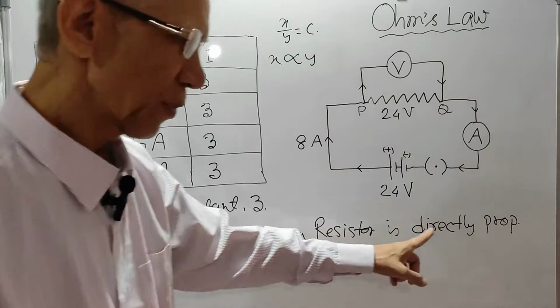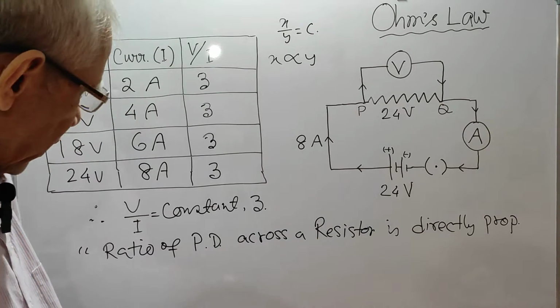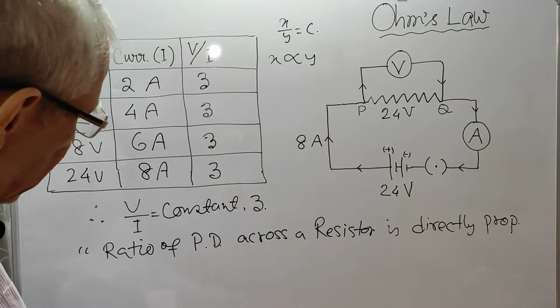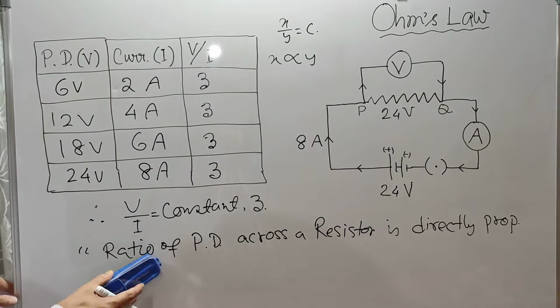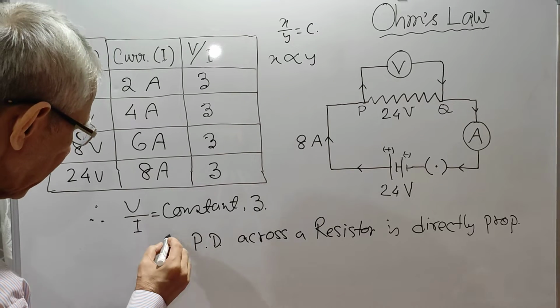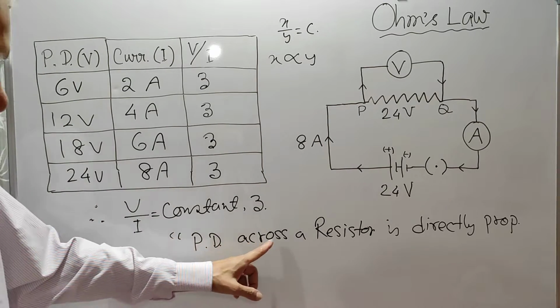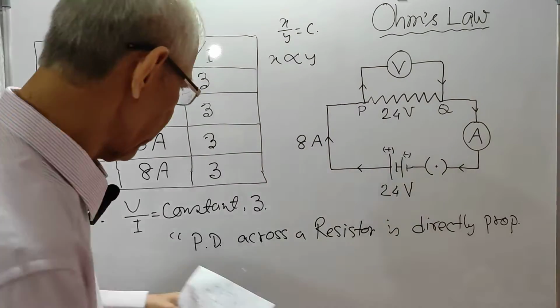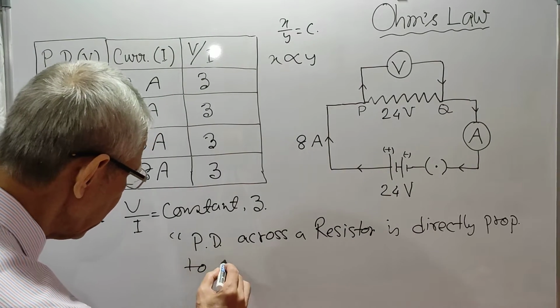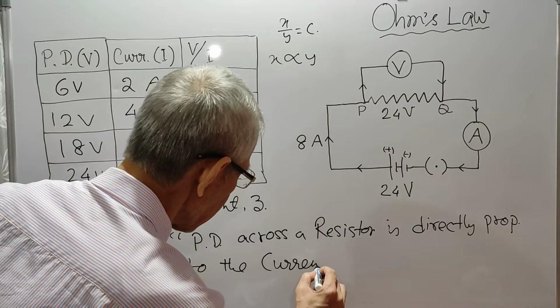So we'll write the statement this way: the potential difference across a resistor is directly proportional to the current.